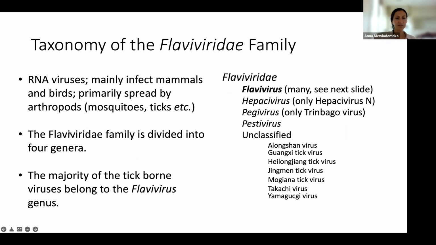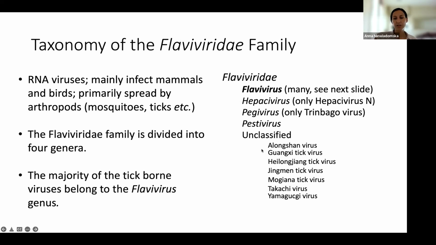The Flaviviridae family is divided into 4 genera: Flavivirus, Hepacivirus, Pegivirus, and Pestivirus. But the majority of the tick-borne viruses belong to the Flavivirus genus. Only one of them can be found in the Hepacivirus genus, which mainly has hepatitis C virus in it.